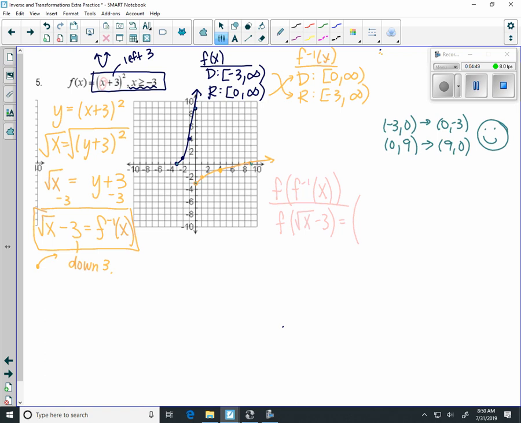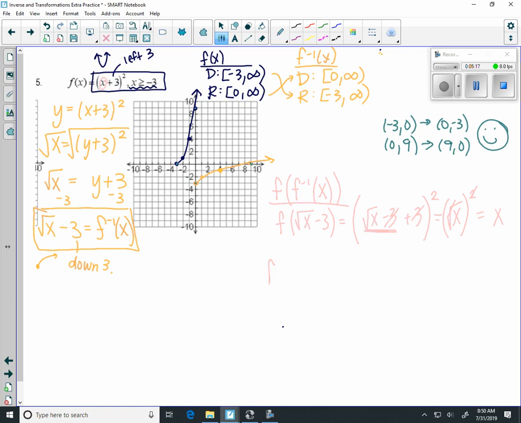So there's my inverse, plus 3, squared. And again, you want to show order of operations here very diligently. My 3's cancel, so I have square root of x squared, and my square root and my squared cancel, so I have x.